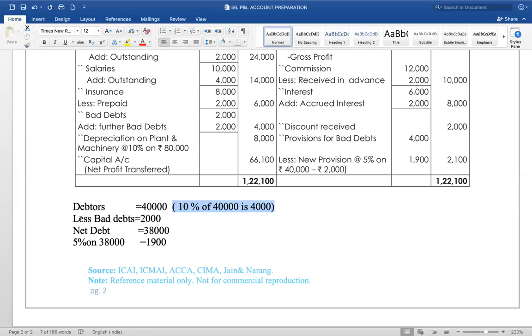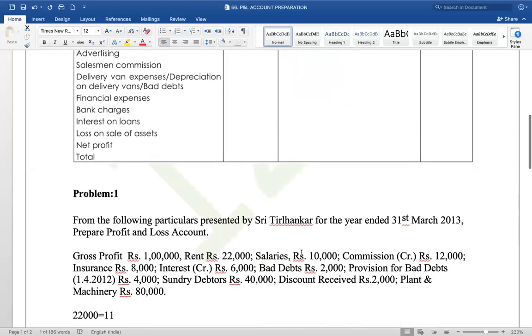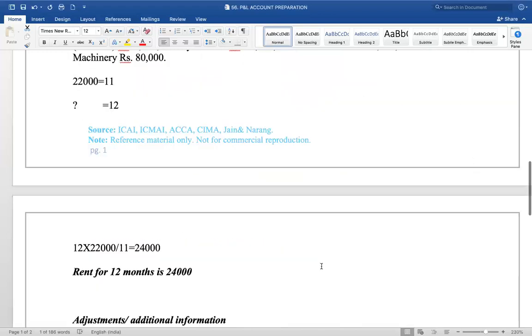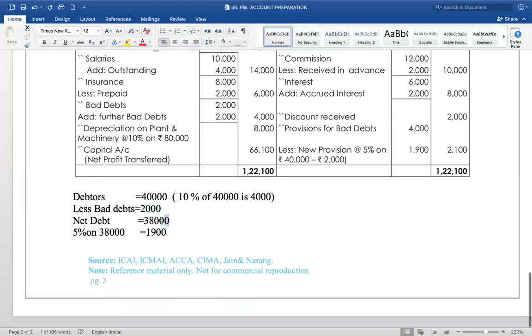Okay, let's come back. Debtors 40,000 less bad debts 2,000. How much is left over? 38,000 net debtors.